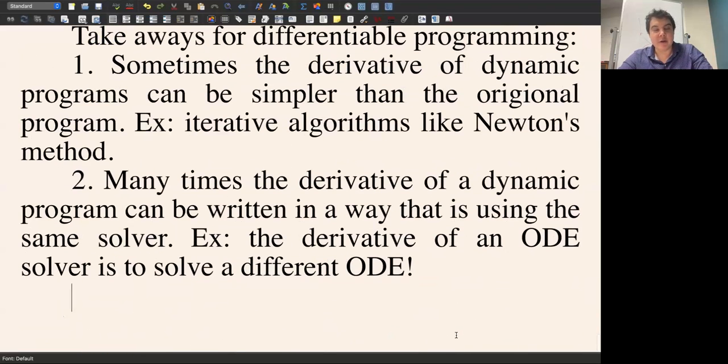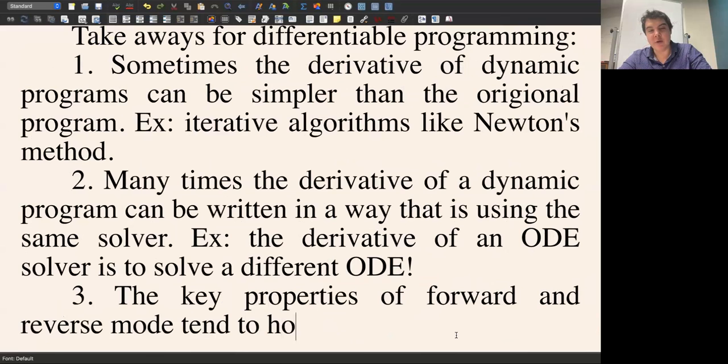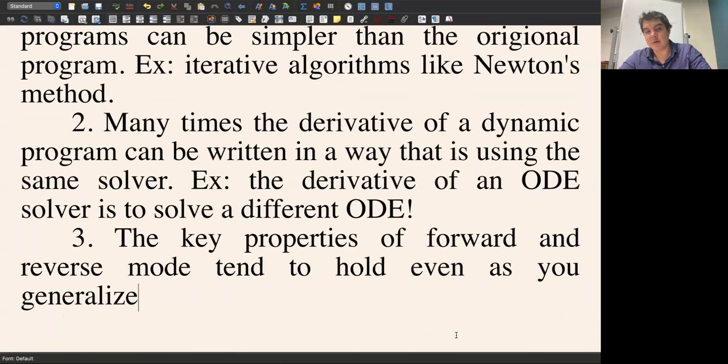One of the next things is that the key properties of forward and reverse mode tend to hold even as you generalize, right?